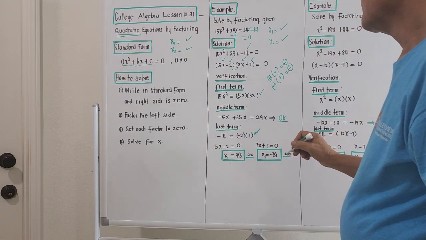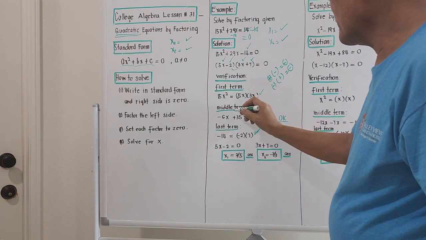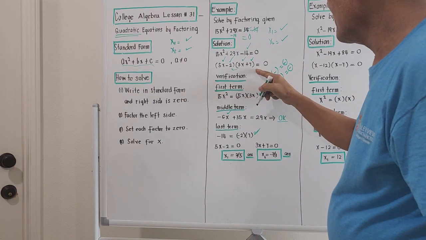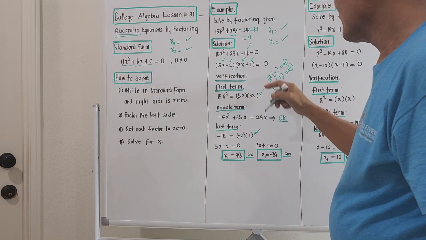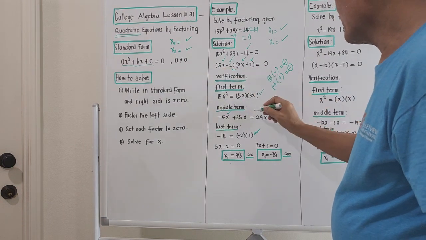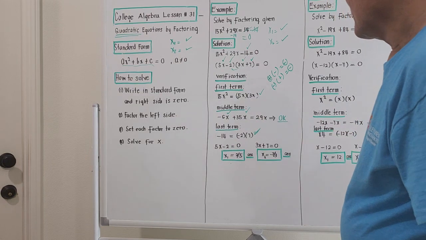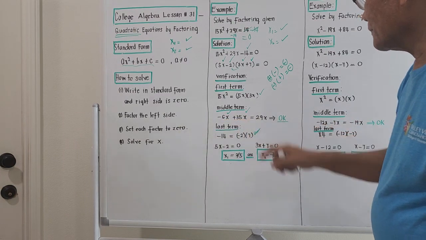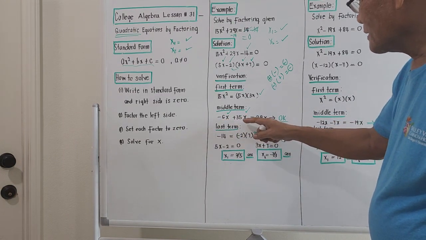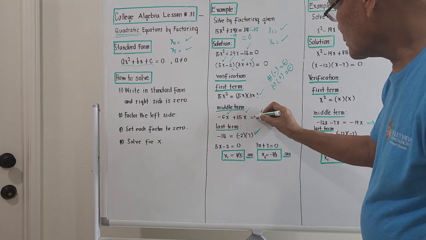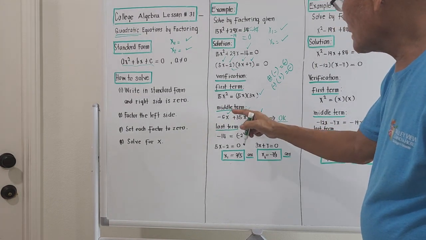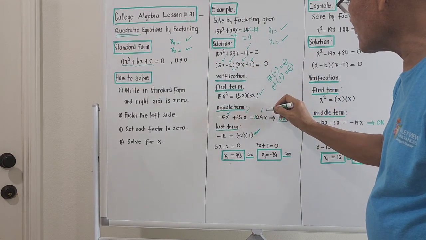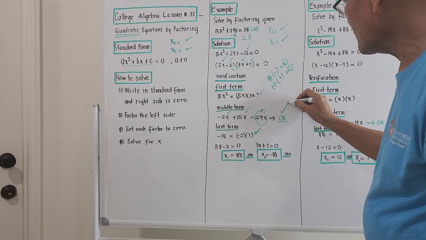The product of negative 2 times 3x will be negative 6x, and the other one will be 5x times 7, which is 35x. Let's simplify. Negative 6 plus 35, 35 minus 6 will be 29. It's plus. So the combination 5x minus 2 times 3x plus 7 will give us a middle term of plus 29x. And this is okay.